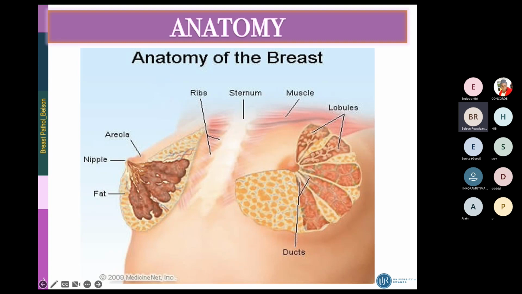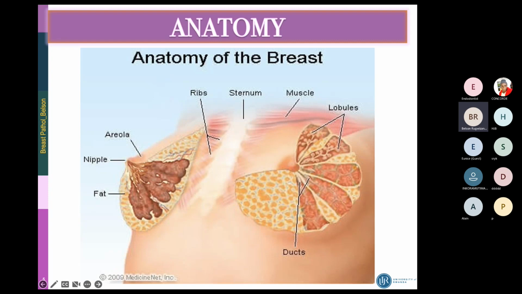Behind the breast, we have the muscles, and we also have the ribs as bones. The main parts of the breast are the breast itself, the nipple and the areola.